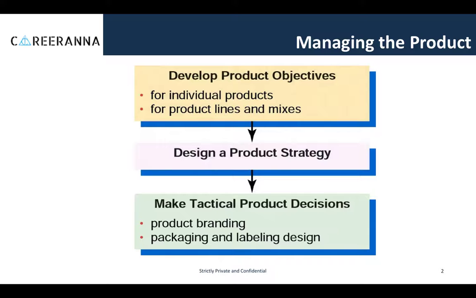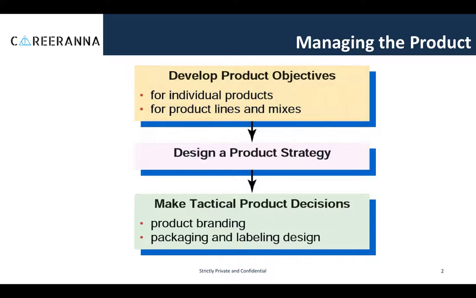Now, to achieve this, you need to be making tactical product decisions. Tactical product decisions would be around product branding, packaging and labeling design, and the overall persona which the product is supposed to create in front of the user for the value which the product brings to the table.